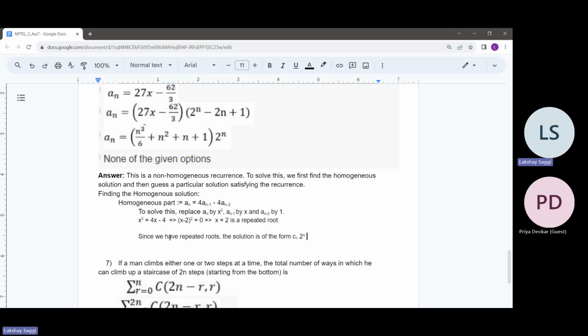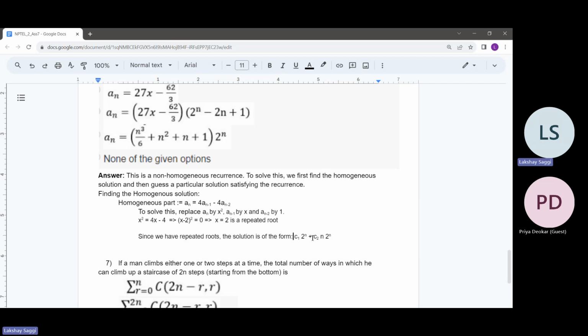But here alpha is equal to beta, since both roots are equal to 2. Since we have repeated roots, the solution is of the form c1 times 2 to the power n plus c2 times n times 2 to the power n. This has also been covered in the lectures.